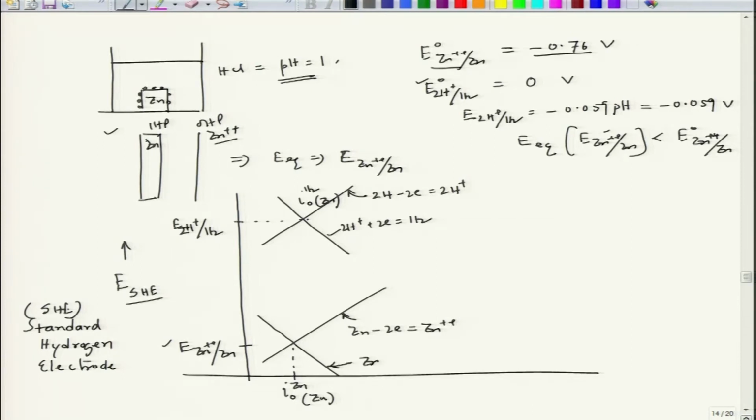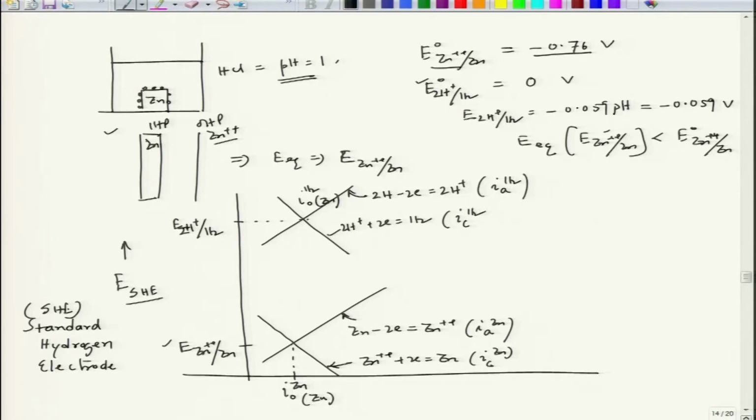This is zinc plus plus 2e equal to zinc. So, this is corresponding to IC of zinc, corresponding to IA of zinc. This is corresponding to IC of hydrogen, this is corresponding to IA of hydrogen, fine. So, these are the current densities we could see.